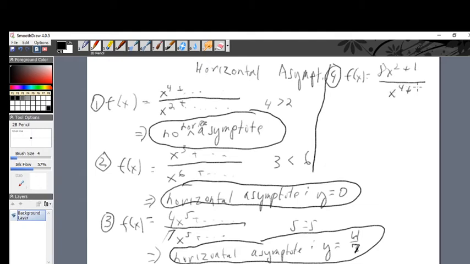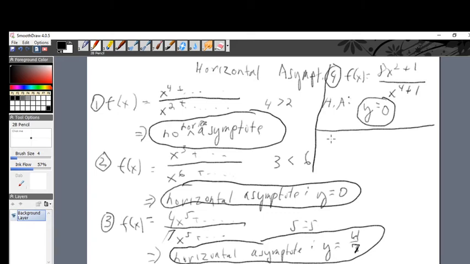What would you say about the horizontal asymptote of this function? The answer is 2 is less than 4. Which case is that? This one, where 3 is less than 6, 2 is less than 4. So you would conclude that it's going to be y equals 0.